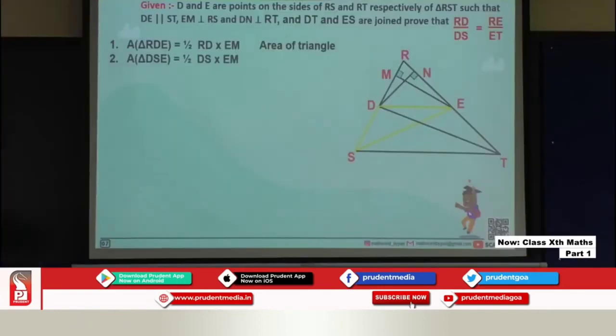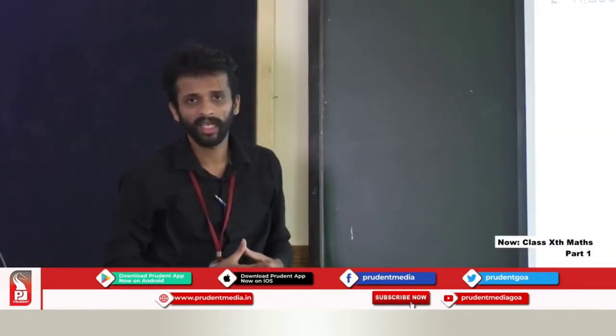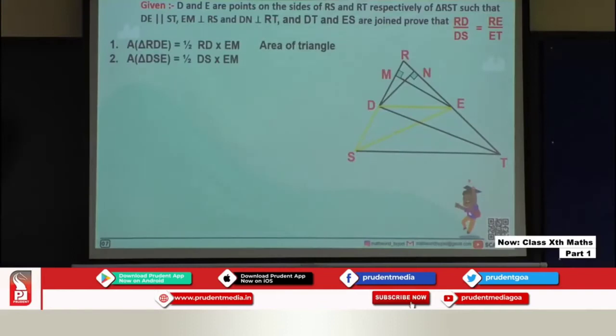Irrespective of whether it is inside or outside the triangle, height can be considered that way, from the highest point perpendicular to the base. So area of triangle DSE is half, base is DS, height is EM. Again, the reason is the area of triangle.